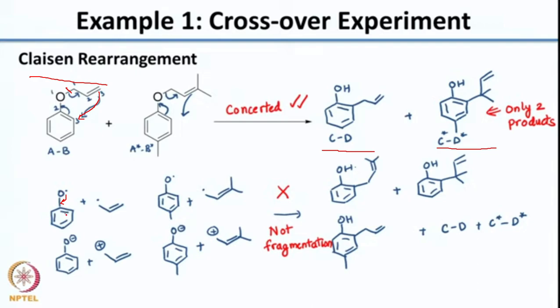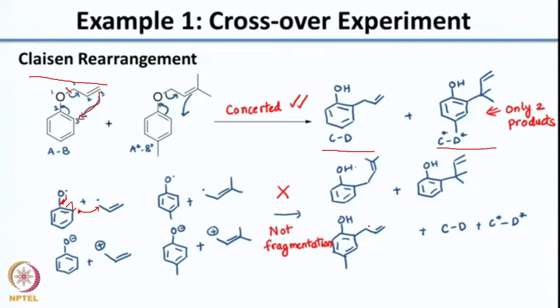We have discussed already. Then this will give a radical here. This is a hook arrow radical, right? And this radical will trap this radical to give the product.